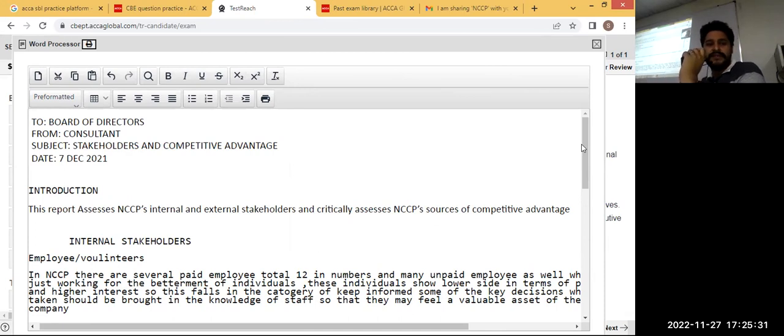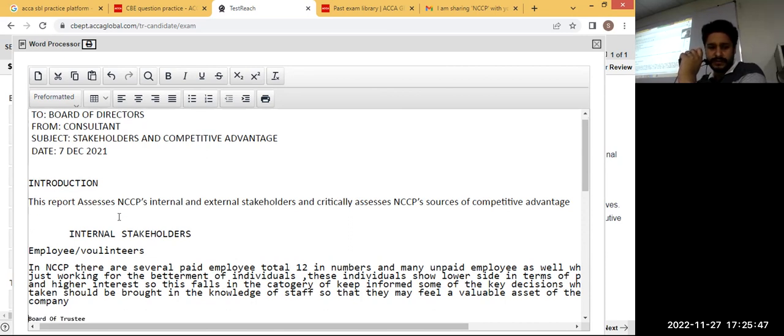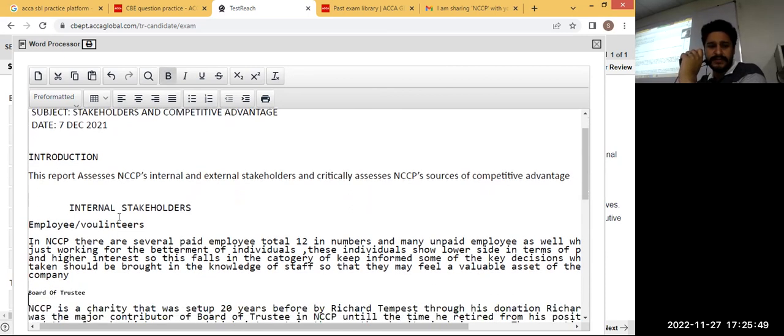To board of directors from consultant, external stakeholders and competitive advantage. Date. Introduction. This report assesses NCCP's internal and external stakeholders and critically assesses the NCCP's source of competitive advantage. We have, for the first thing, internal stakeholders. The first person is employee.